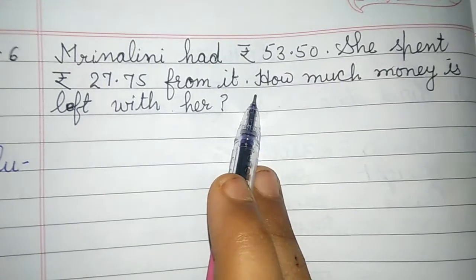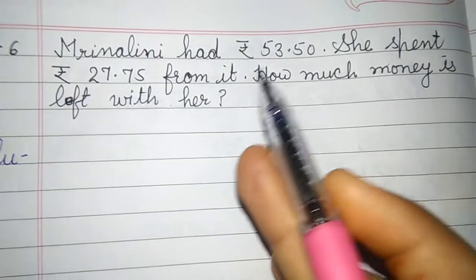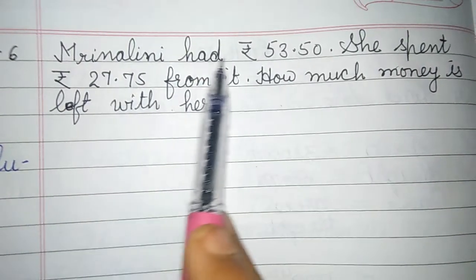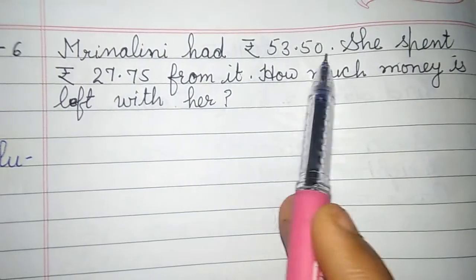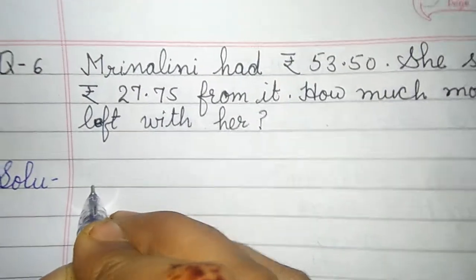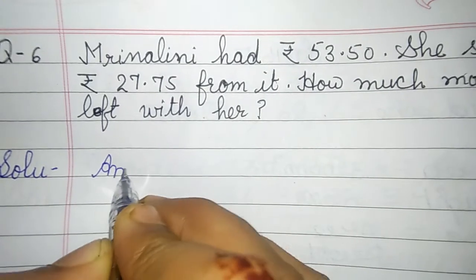Then for this we have to look at the first sentence. The first sentence is: how much money did Mrinalini have? So the first statement is the amount Mrinalini had.